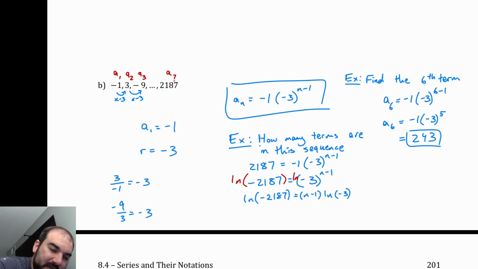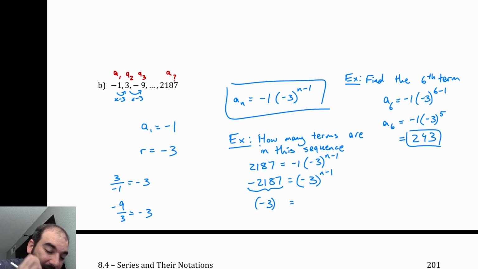We're going to distribute this natural log of -3... Oh no, let's not even do that. You know what? We can't do that, because you can't take logs of negative numbers. The calculator, if you try to do that, would give you an error. So we do have to rewrite this as a power of -3 and then solve from there. So we have to figure out what power that is.